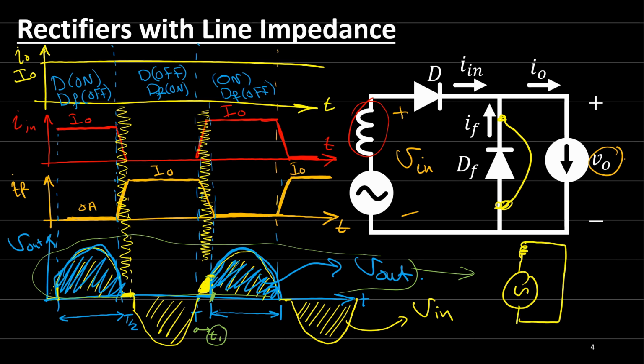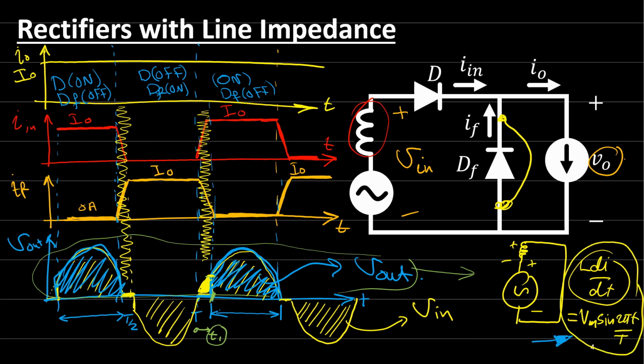So the voltage from here to here is equal to the voltage across the inductor, which is L di/dt. So L di/dt is equal to the input voltage, which is V maximum sine 2 pi t over T. We can use this equation to find the period from here to here.